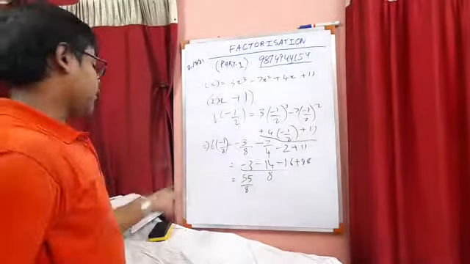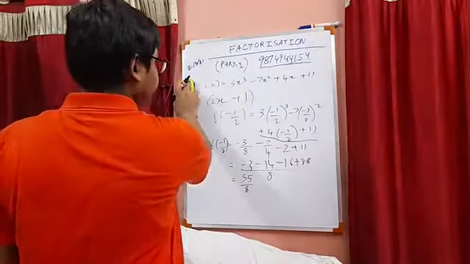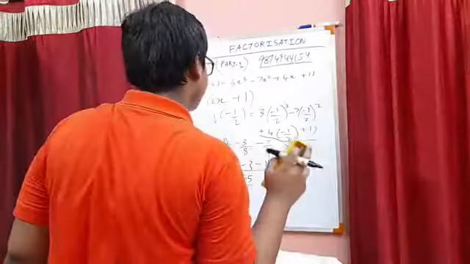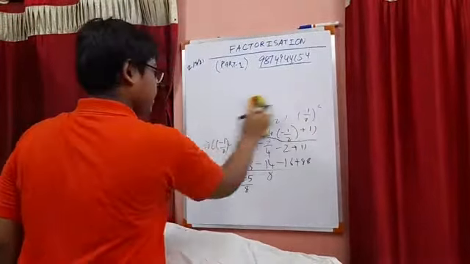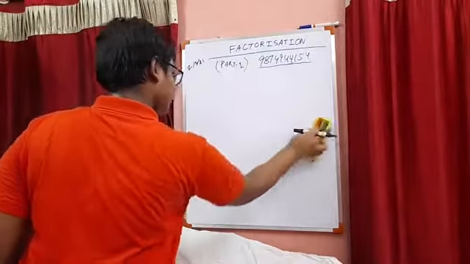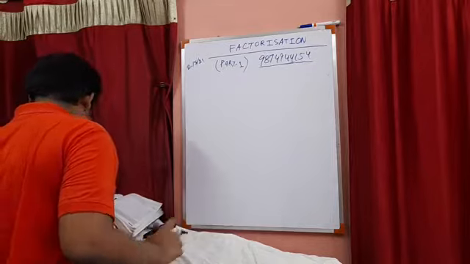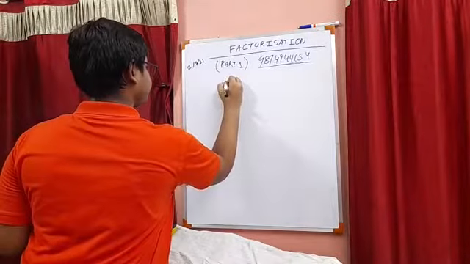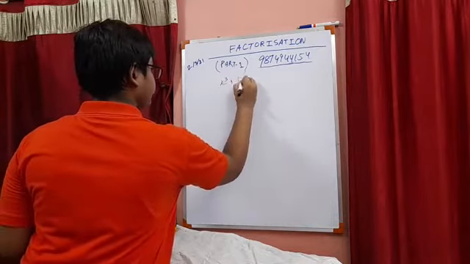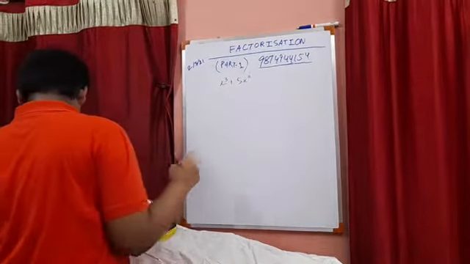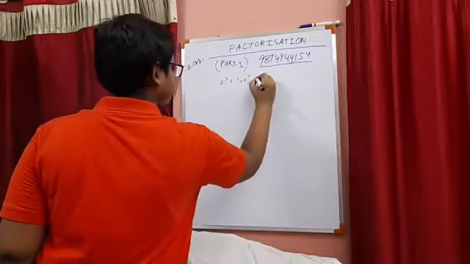This is the remainder. Now we will do another sum in which we will not have to find the remainder but a variable within the expression. The polynomial is x cube plus 5x square minus ax plus 6.